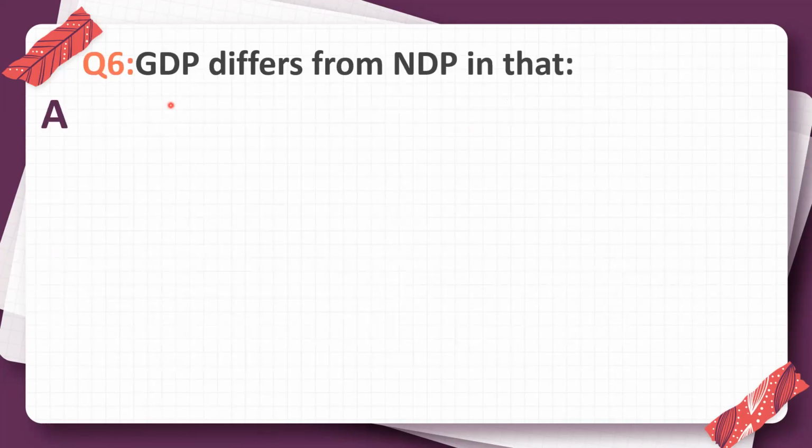Question 6. GDP differs from NDP. We have a definition and we have a formula on that, when we calculate the GDP or the NDP.